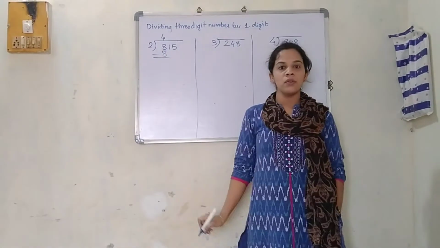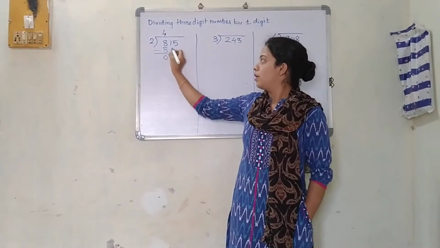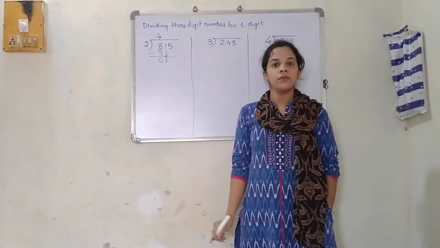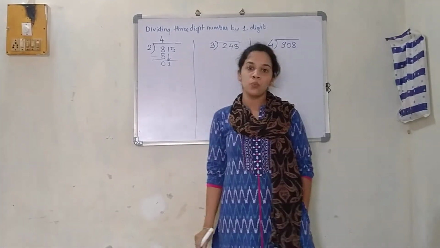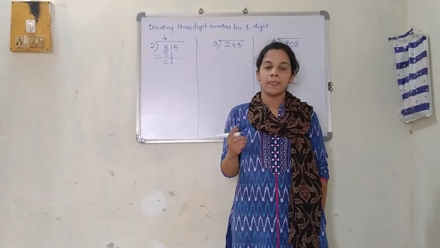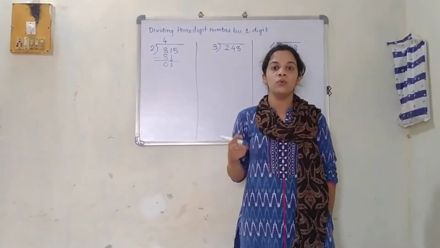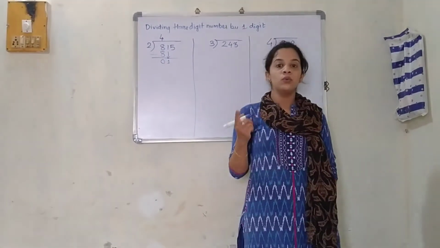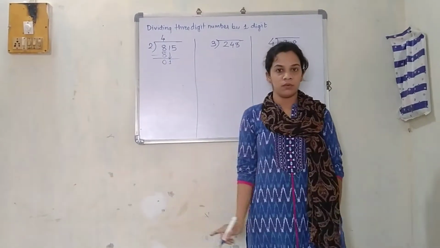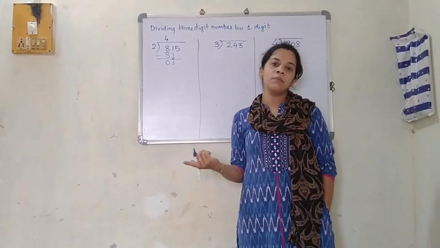8 minus 8 is how much? Yes, it is 0. Now we will take this 1 down. Okay. Now tell me, in 2's table does 1 occur? 2 ones are 2, it is not 2 ones are 1. So this 1 is not coming in 2's table. So what will we do? We have a better option.